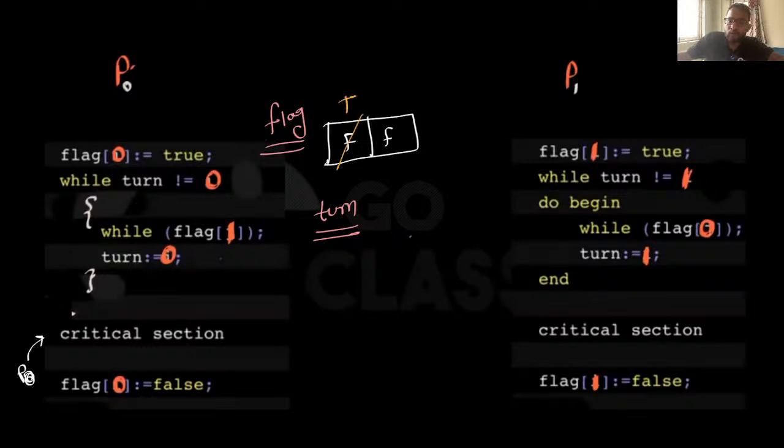If turn is not equal to 0, then it is just in the loop, so turn must be 0, because this will make turn 0. Okay, cool. Now, this is the current configuration.